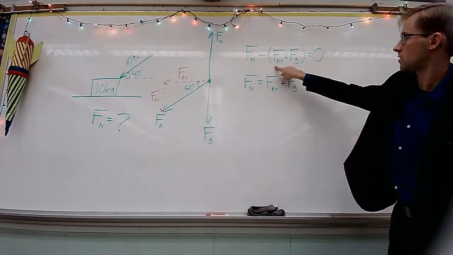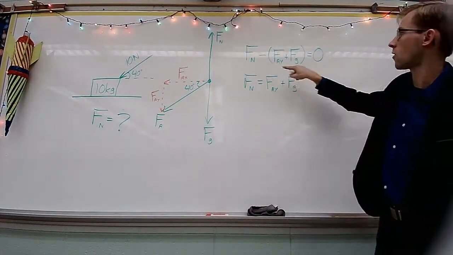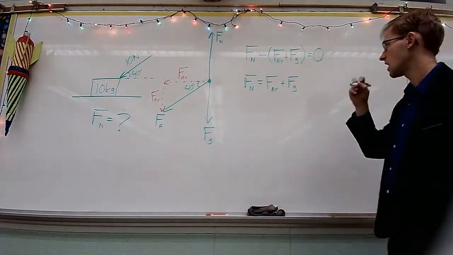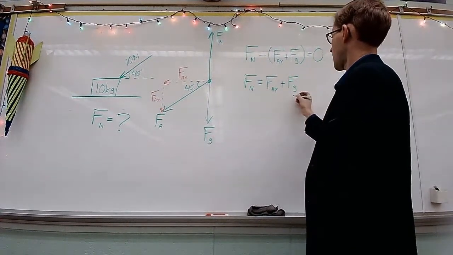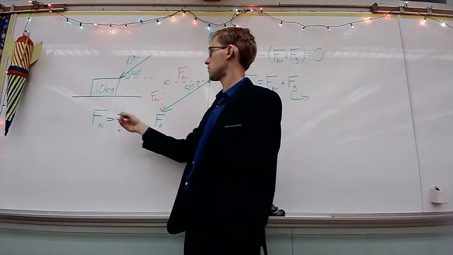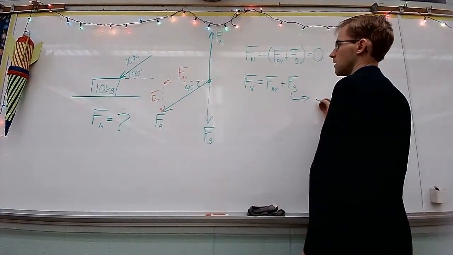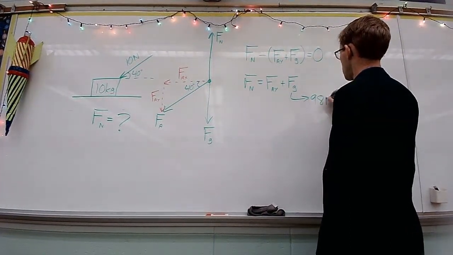When you chuck this entire summation over to the other side, it all becomes positive. So the negative disappears for that reason. So if I want to solve for these things then, force of gravity, nice and easy to get here. It's just mass times 9.8, 10 times 9.8. 10 times 9.8 is 98 still, just like in the last one.